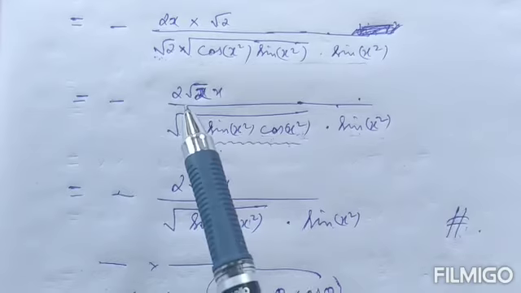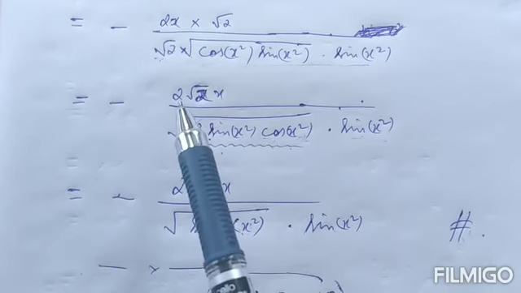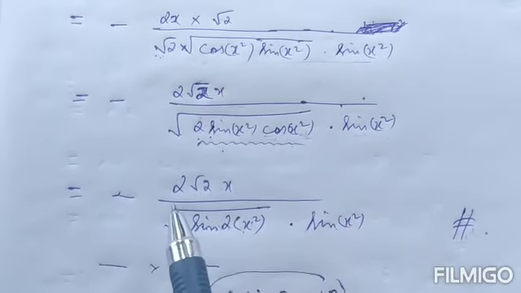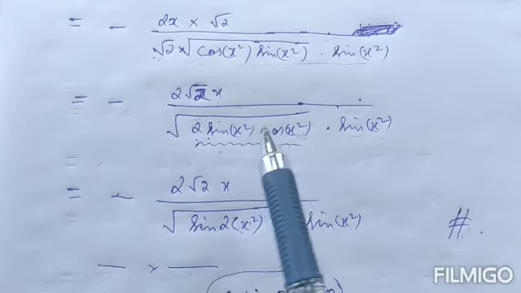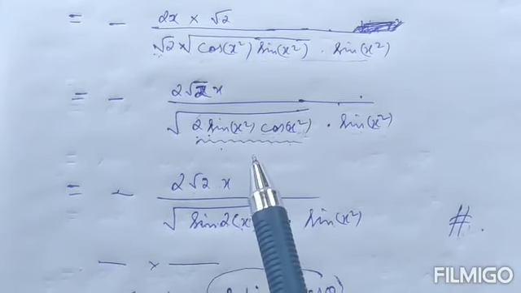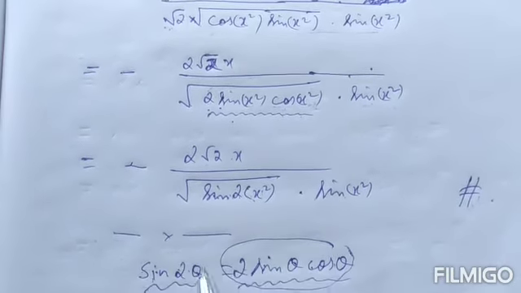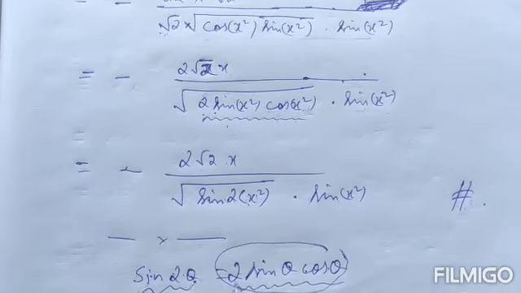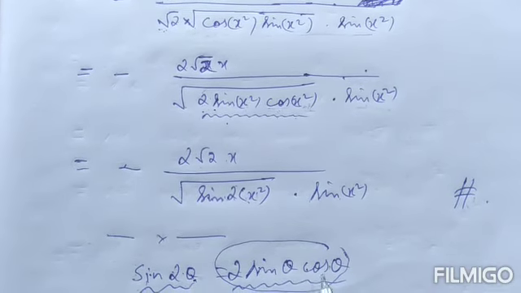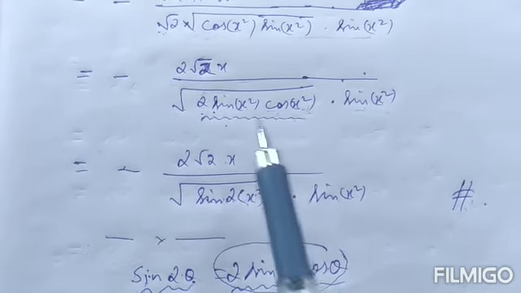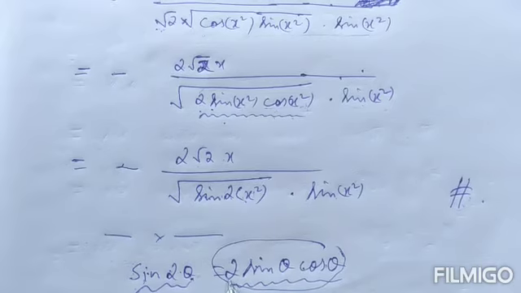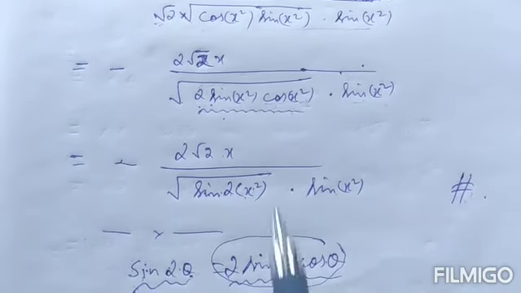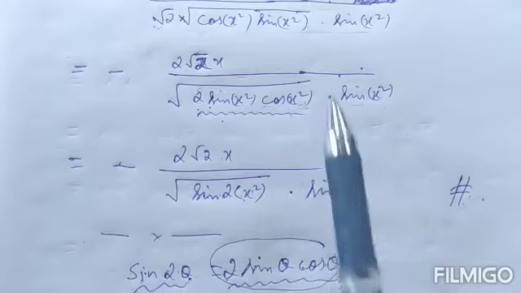So in the next line, 2 root 2x remains the same. 2 sine x square cos of x square, I have to calculate using the formula sine of 2 theta equals 2 sine theta cos theta. When you compare with this one, what is your theta? Your theta is x square, and then theta again x square.